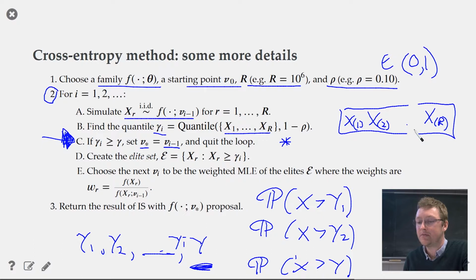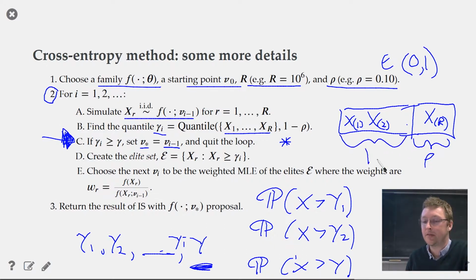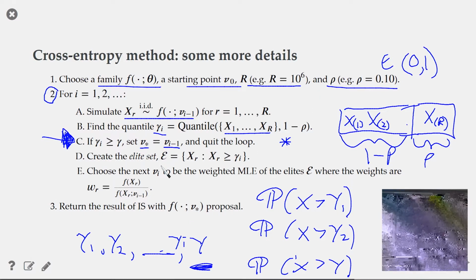Then you take the top fraction, the ones that are above gamma i, so there'll be rho of them as a fraction of all of them, and you bring them together into a set E, the elite set.